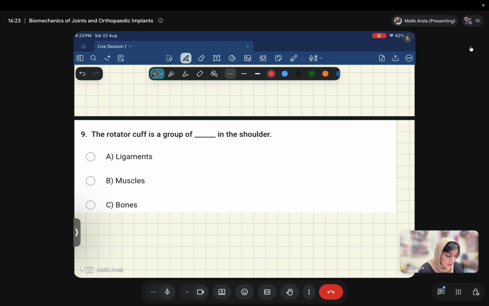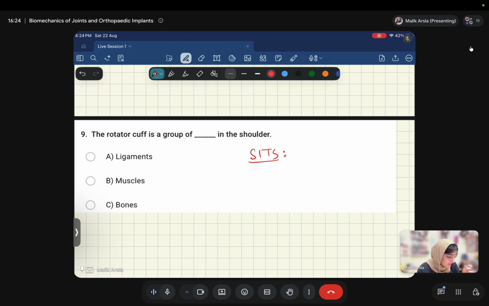Okay, so basically this rotator cuff is a group of muscles. Yeah, muscles is the correct answer. Can you tell me how many muscles it consists of? Anyone? Yeah, it consists of 4 muscles, which you can remember as SITS, where S stands for supraspinatus, I stands for infraspinatus, T is teres minor, and S is for subscapularis.